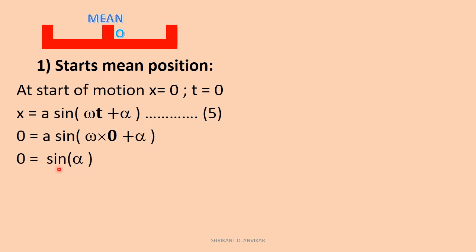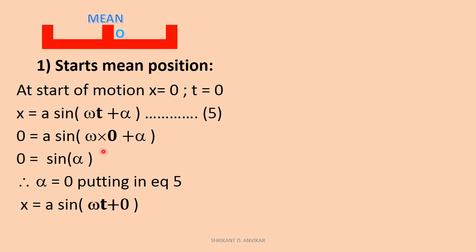After simplification, sin alpha equals 0, and therefore alpha equals 0. When the particle starts its motion from mean position, the value of epoch or phase constant is 0. Substituting alpha equals 0 in equation 5, we get x equals a sin omega t. This is the expression for displacement of the particle when it starts its motion from mean position.